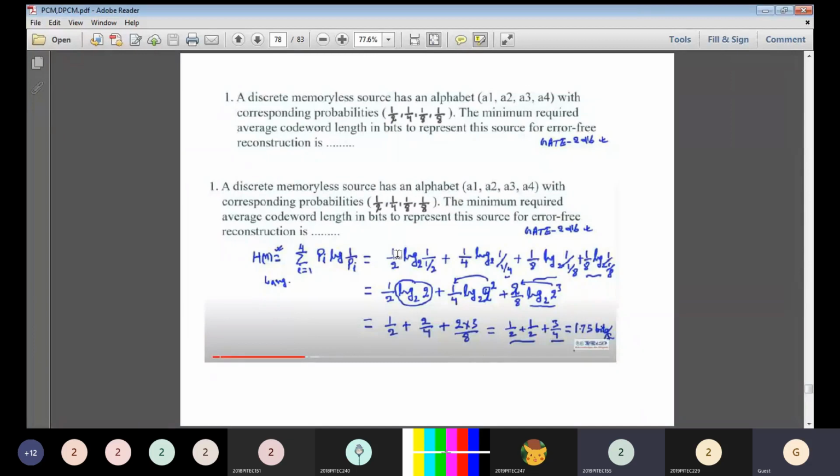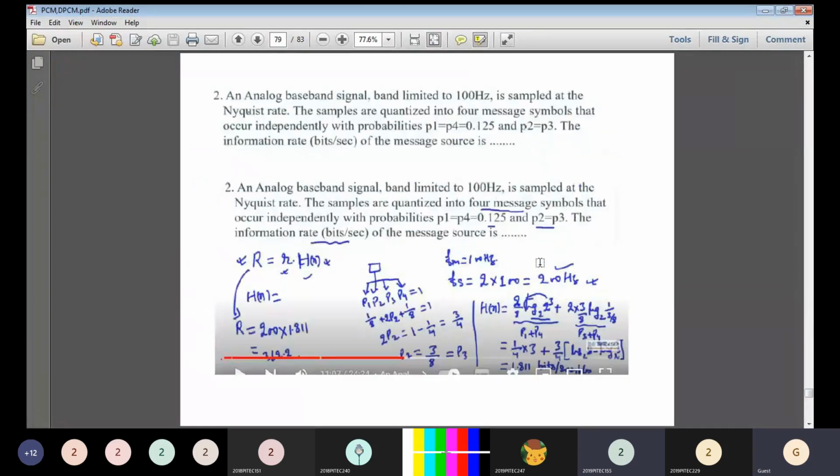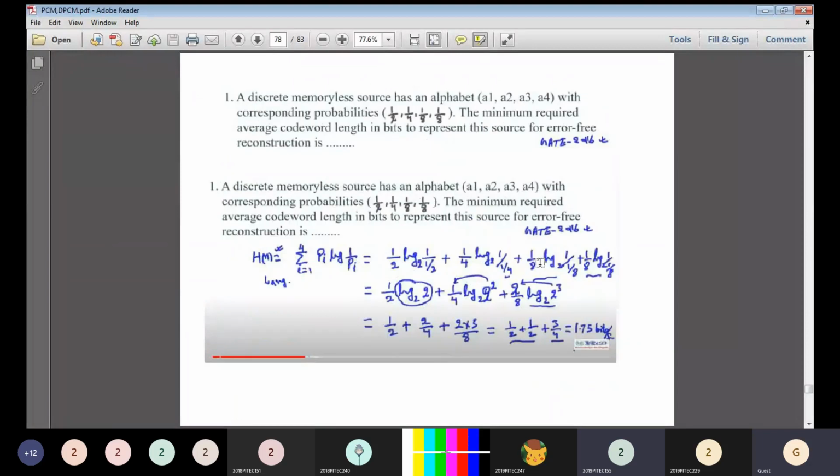So substitute here, 1 by 2 log of base 2 into 2, and similarly for the others. For log of base 2, we find the log of 2 value and divide that by 0.3010. If we simplify that, we get 1.75 bits per symbol. So that is the average code word length. Next problem.